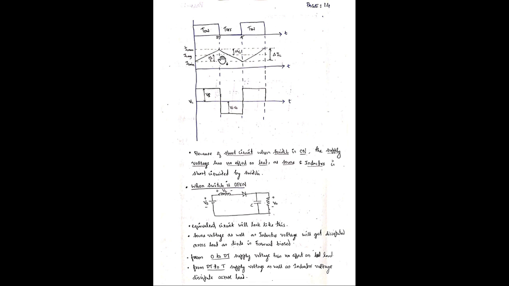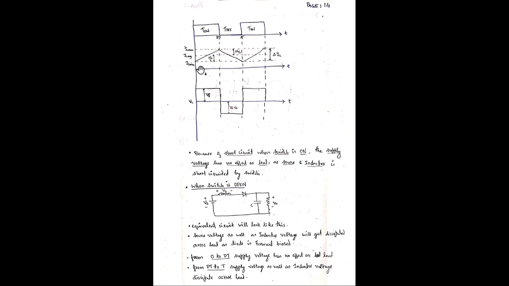So there is a change in inductor current, from IL minimum to IL maximum, that is del IL. This is from time 0 to dT. And from dT to T, it is discharging from IL max to IL minimum. So that is what is written here.